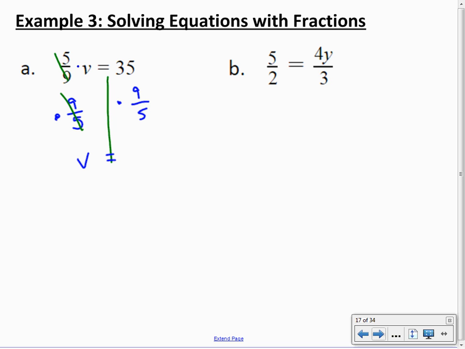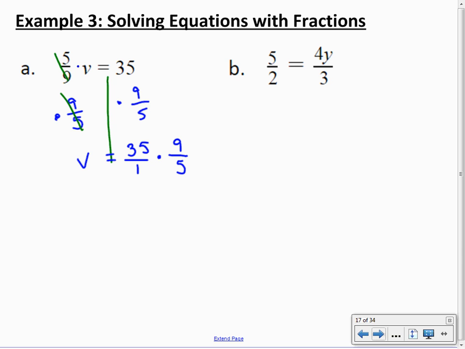On the right side, we have 35 times 9/5. Now I'm going to do a trick here. Let's do 35 over 1. You can always make a number a fraction by putting it over 1. And we're going to multiply that by 9/5. Now, I know that 35 divided by 5 is 7.